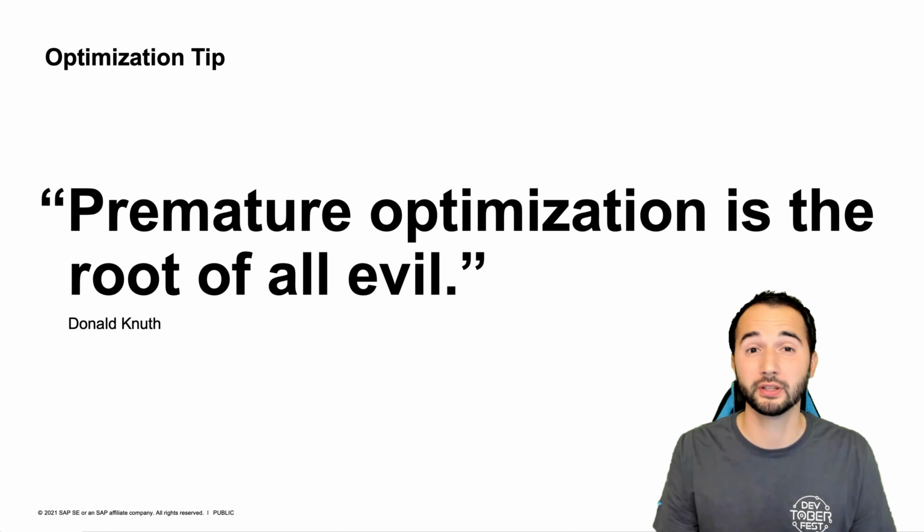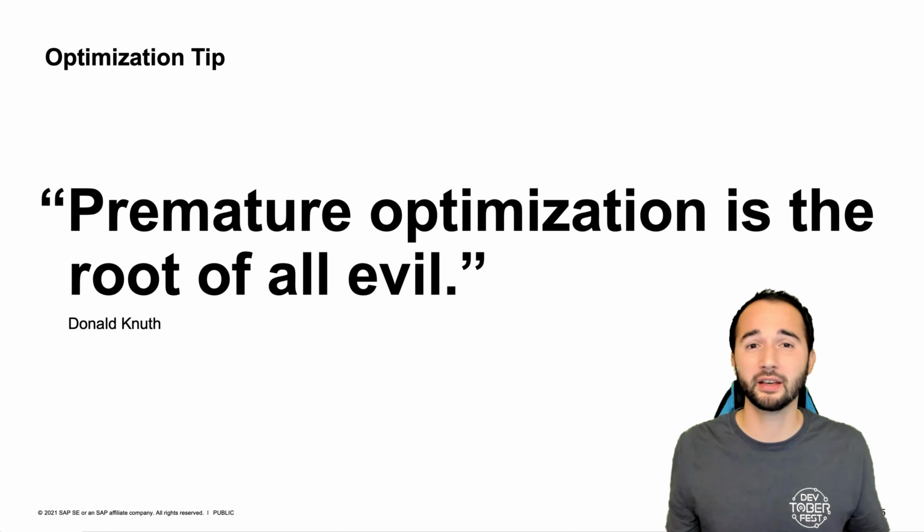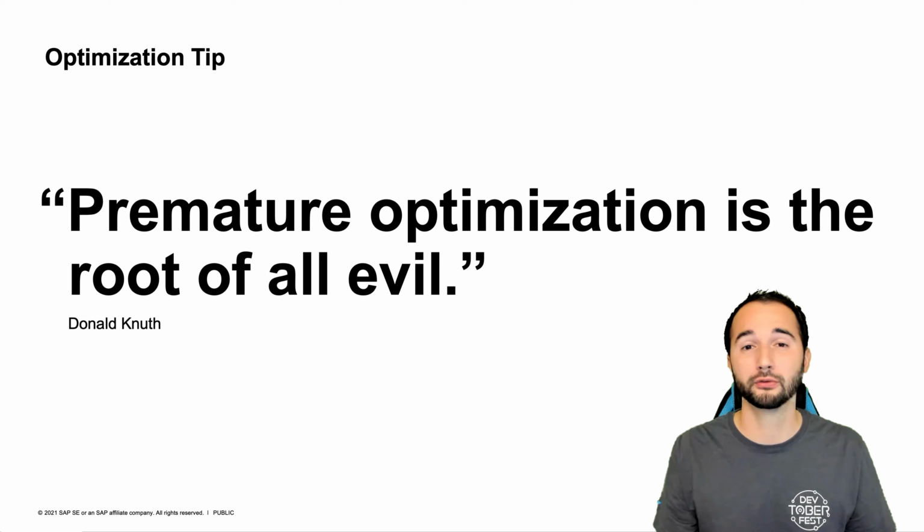But what does he mean with that? It's basically the same as the 80-20 rule that you might know from other areas, and it says that 80% of your waiting time or loading time is triggered by 20% of your code. So it does not make sense to try to optimize every single line of code of your web application. Please don't do that.